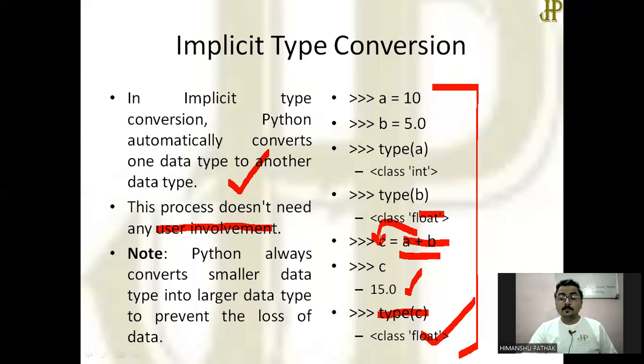So it becomes float. So this is done implicitly by the interpreter of Python. Here you have to remember that Python always converts smaller data type into larger data type to prevent the loss of data. Data should not be wasted.